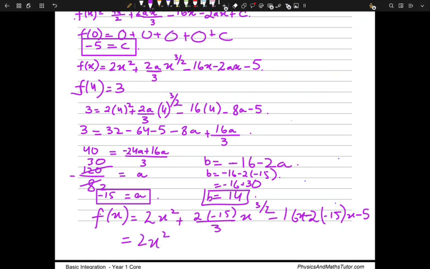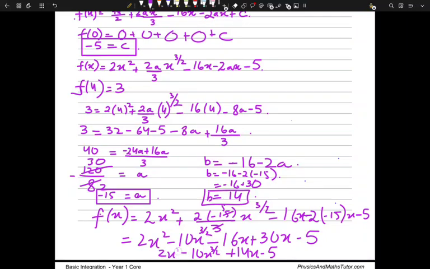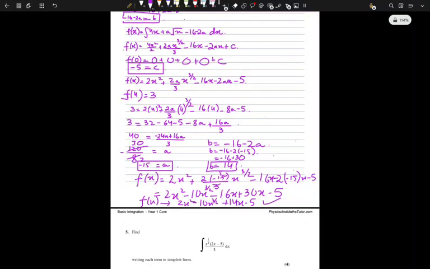So it's 2x squared minus 10x to the power of 3 by 2 minus 16x plus 30x. We need to further simplify this to 14x minus 5 minus 10x to the power of 3 by 2 and then 2x squared. You have your f of x obtained over here. This is your final answer.